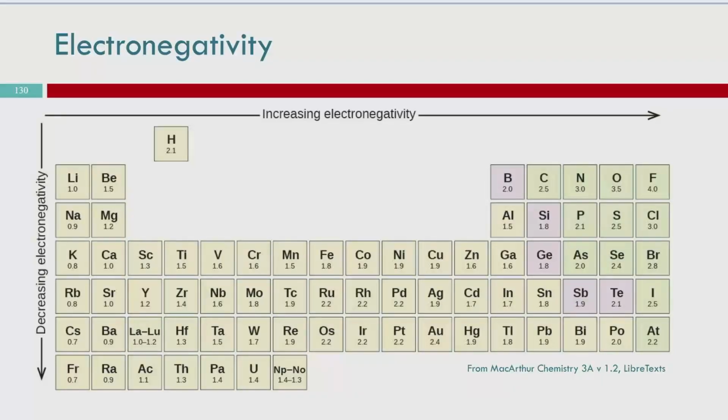So we can see we've got fluorine, top right corner 4.0, next highest oxygen 3.5, chlorine and nitrogen sort of tied at 3.0, and everything gets lower as you move towards the bottom left corner. So generally, if you're fluorine, that's going to be the highest. If you're close to fluorine, you're going to have a higher electronegativity value. The further away you get, the lower that number gets, generally speaking.